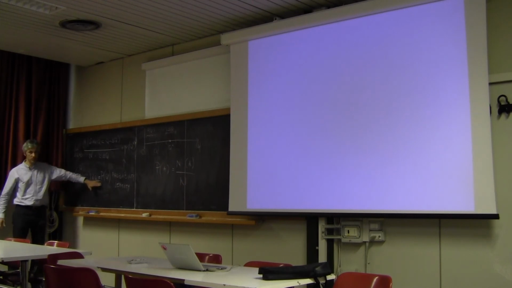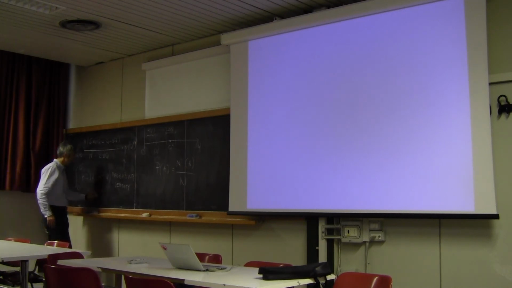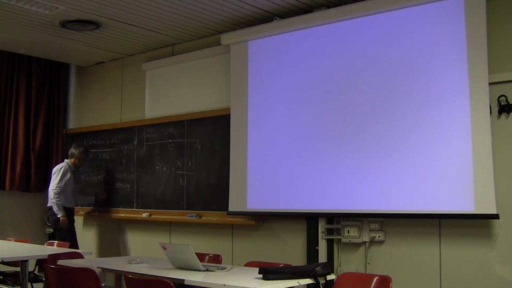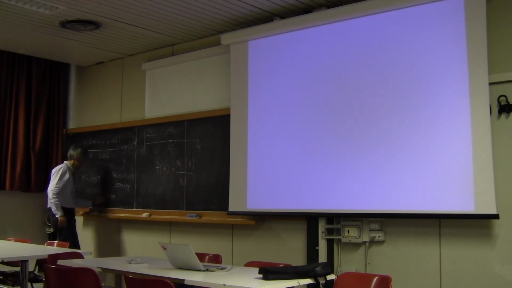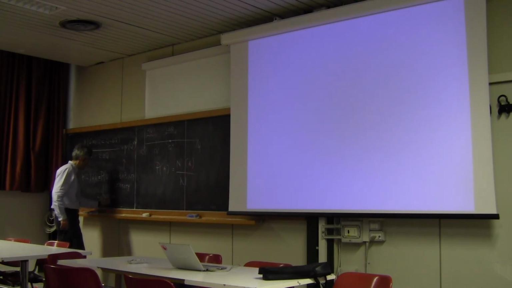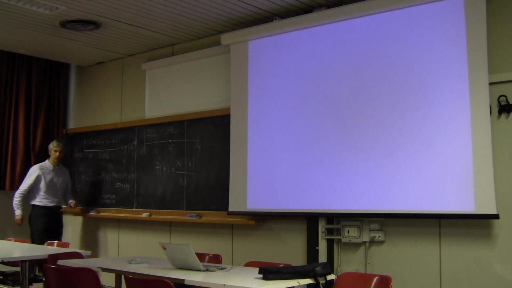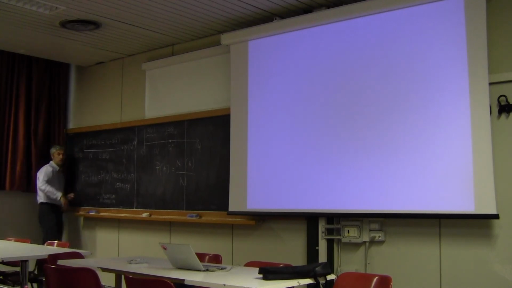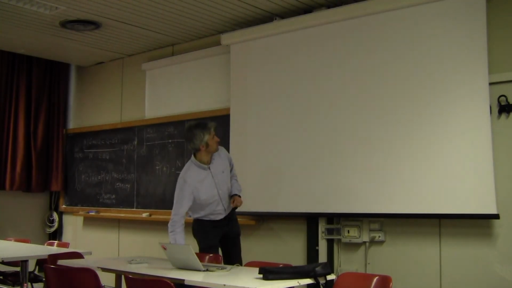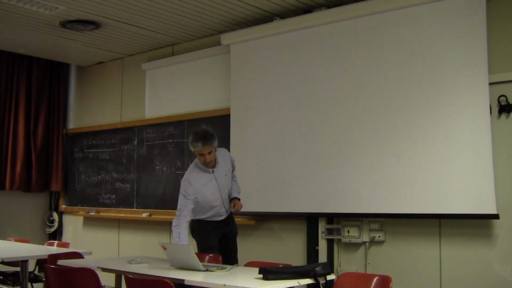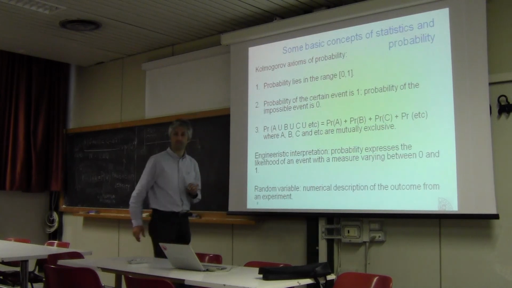And this definition satisfies the axioms of probability. This cumulative probability, this is called cumulative probability, or some people just use probability, but the correct term is cumulative probability. This satisfies the definitions that I have shown to you before. The axioms, sorry.